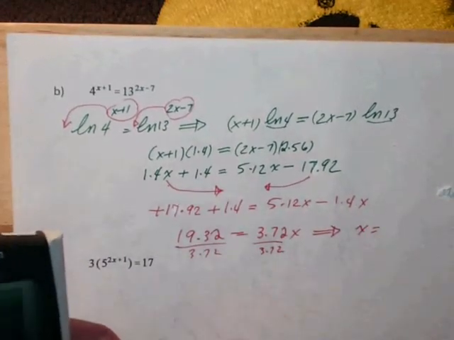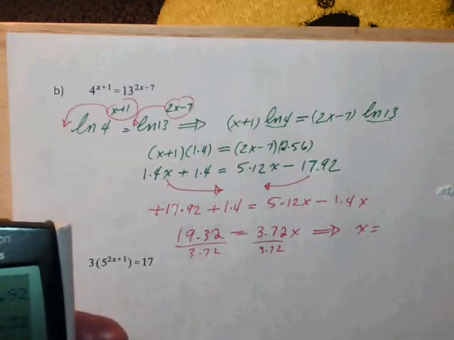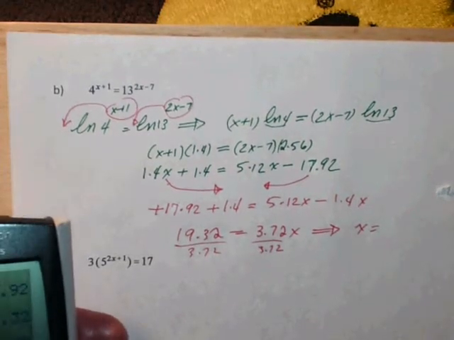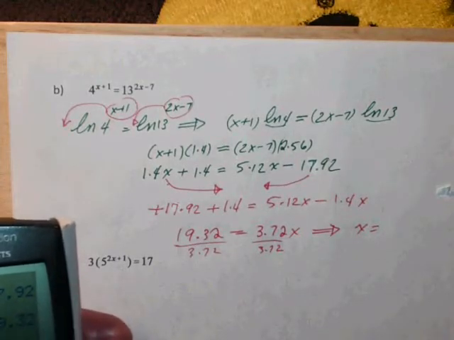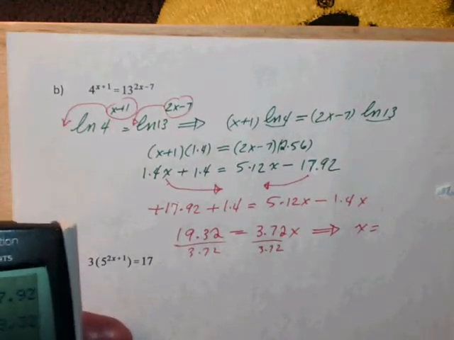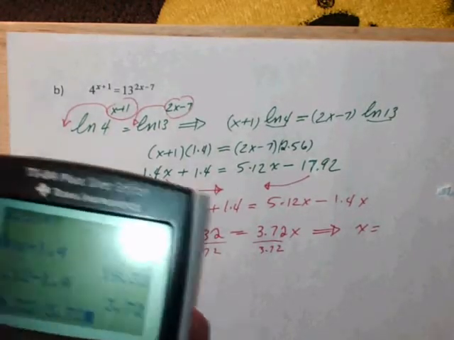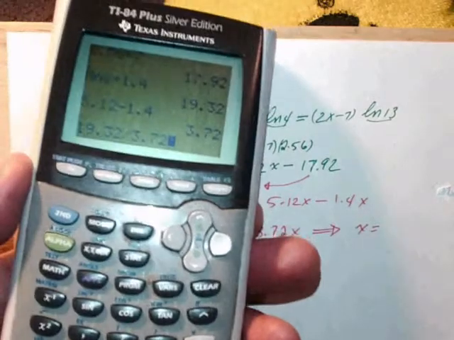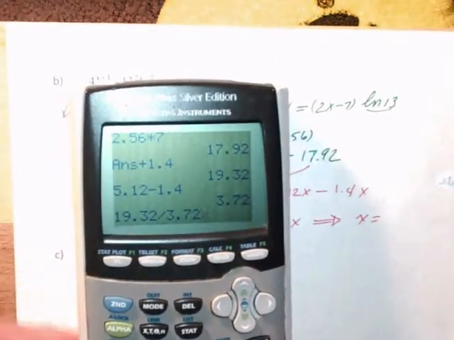x is 19.32 divided by 3.72. See, that's what I did. Okay.